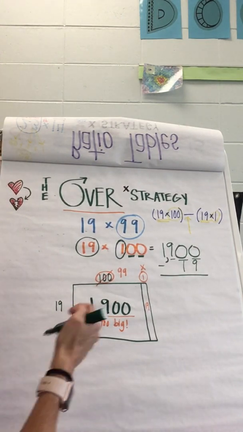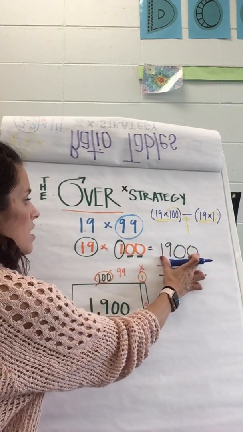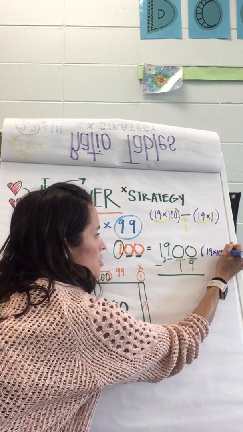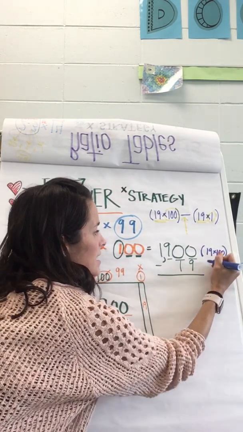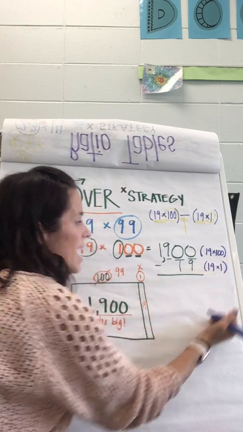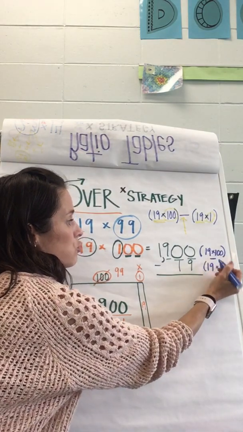So for our real product, this was the 19 times 100 piece, and this is the 19 times 1 piece, and in order to find what the real product is, we're going to subtract this time.